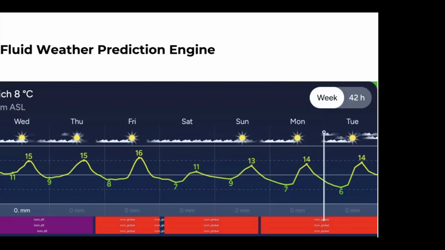Then when we go to this step, we have ICON D2, which is a German high resolution model. The 2 stands for 2 kilometers, which is quite a good weather model, and it also gives a better local feeling. Then we have the ICON Global, which is a global model, but this is a higher resolution one.